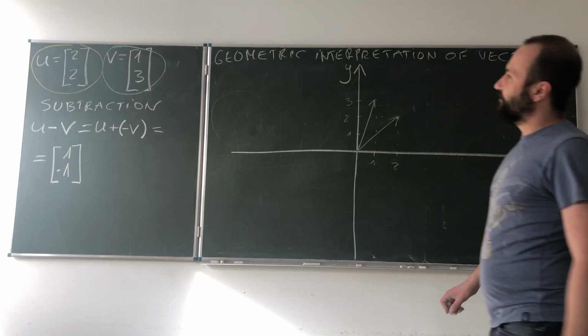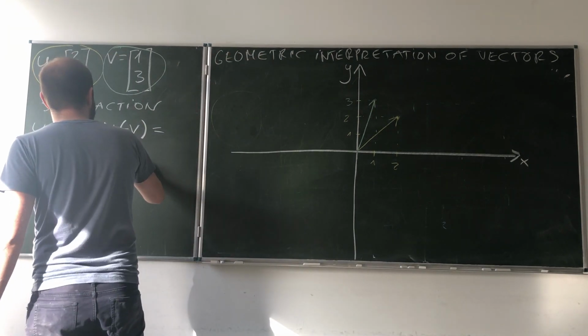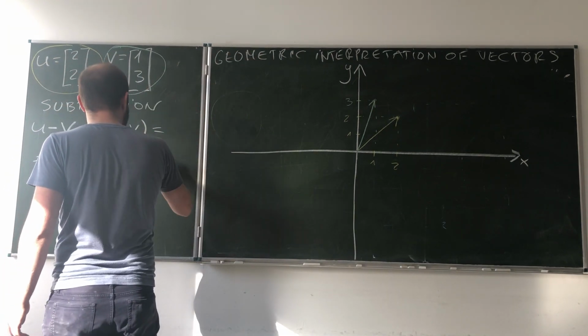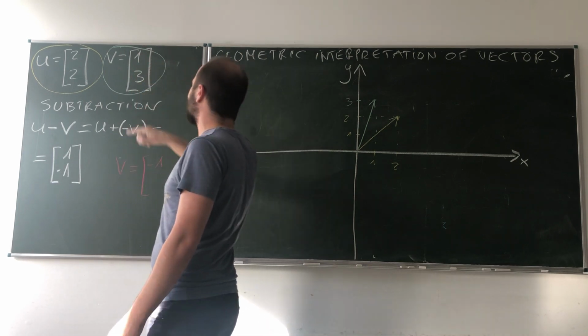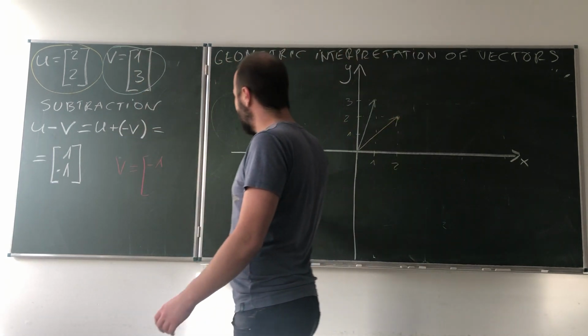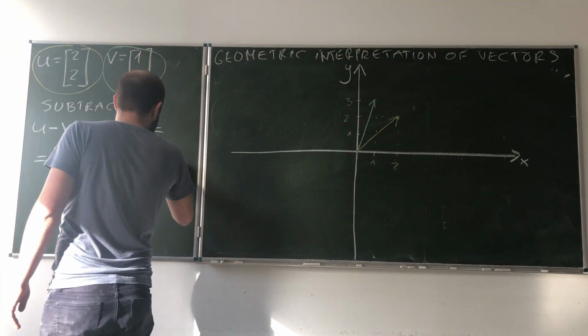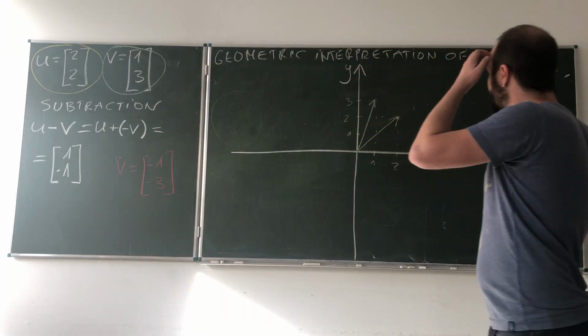So look, vector negative v would be exactly the same. But the absolute values inside the vector would be exactly the same, but everything now needs to have opposite sign.